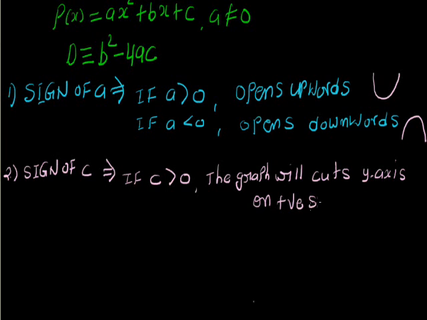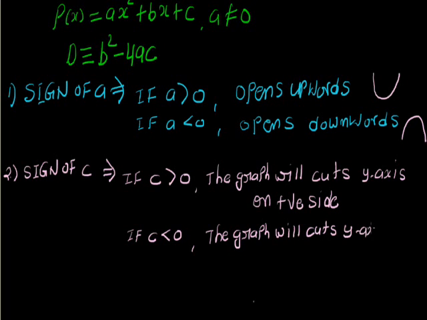And in the second case, if c is less than 0, then the graph will cut the y-axis on the negative side. These are the two cases.